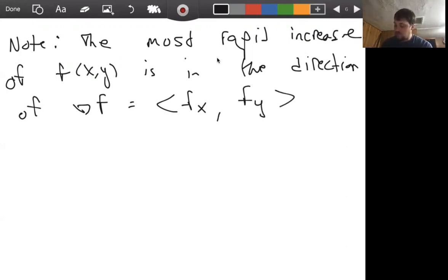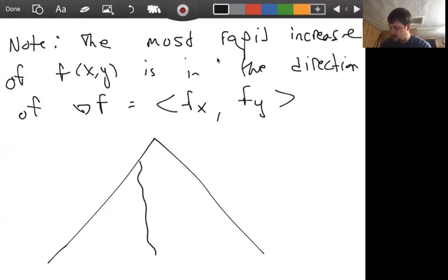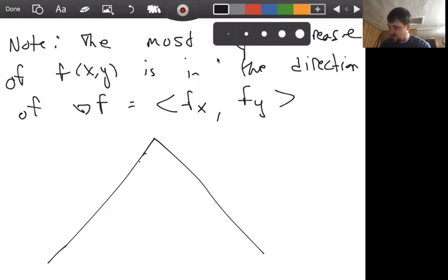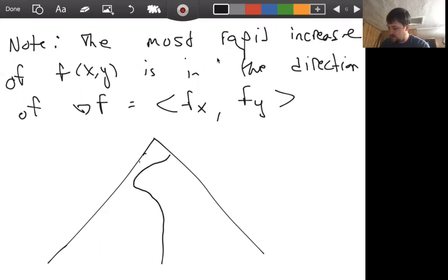So let's imagine we have some mountain here, say, and there's a river running down the mountain. Let's say it winds a little bit like this.